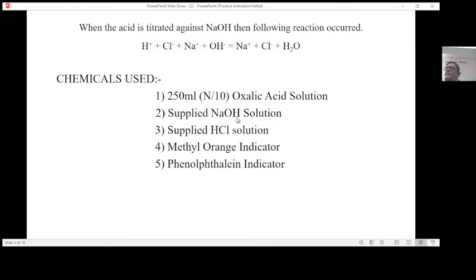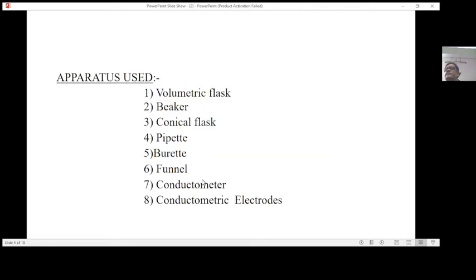The supplied solution will be NaOH solution, and apparatus we have to take, volumetric flask, etc. As it is a conductometric titration, we need a conductometer.